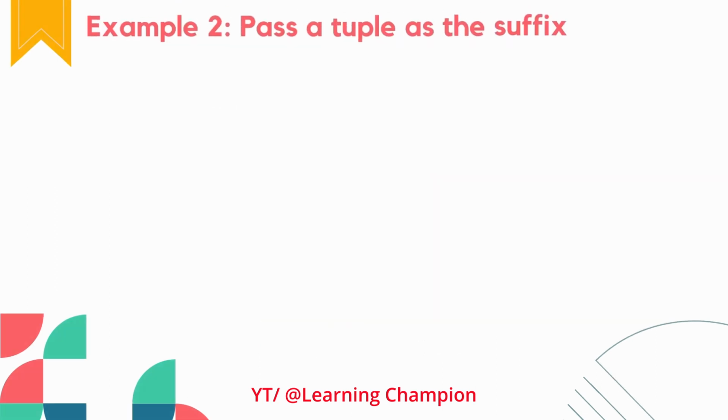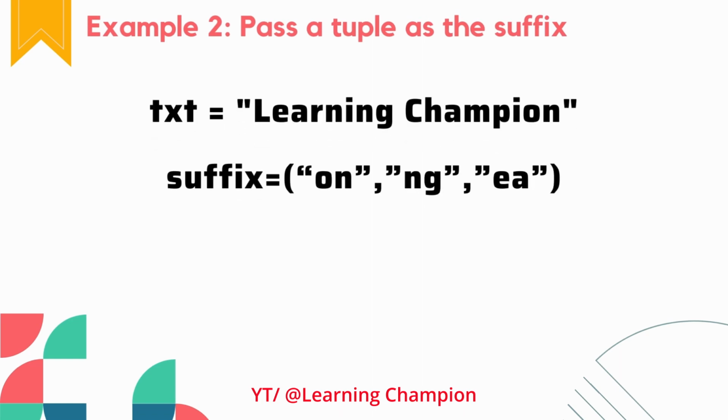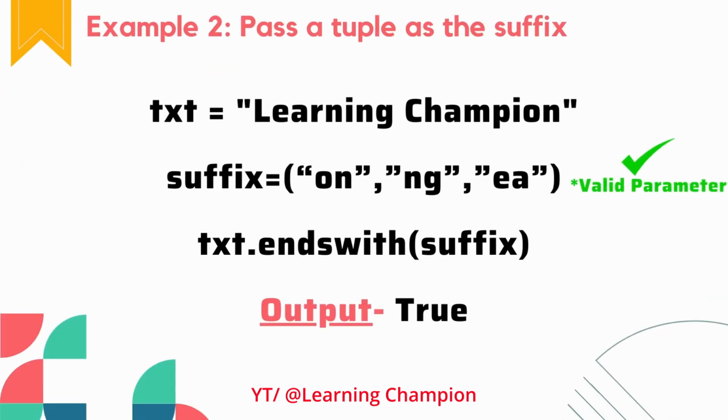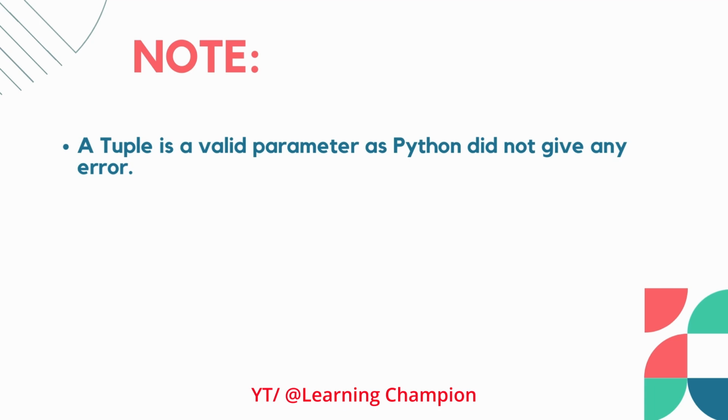Now for example 2, we will pass a tuple as the suffix instead of a string. We have a tuple with 3 items, on, ng and ea, and we will pass this as the suffix. When we call the endswith method on our input string, learning champion, with the tuple as the parameter, the output is true. Notice a few things here. A tuple is a valid parameter just like a string, as Python did not give us any error when we passed a tuple instead of a string.